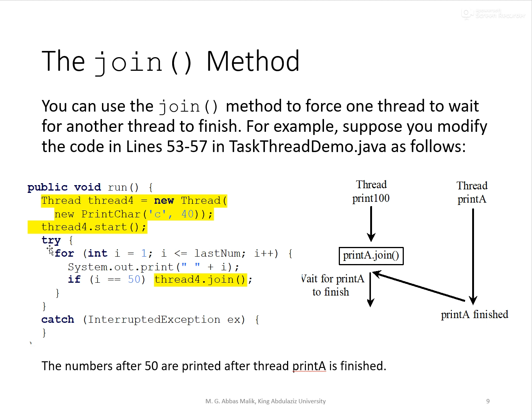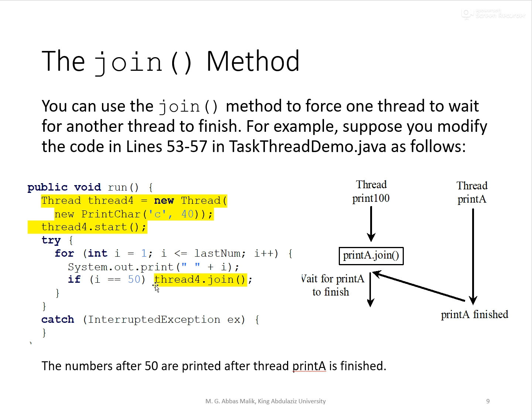And then you can do your own thing. Remember, this is the run method of the printNum class. You still have to print your own numbers, and you do that in the loop. When you get to 50, you want to make sure that you do not proceed beyond that. You want to make sure that thread 4 finishes execution before you print the number 51 to the screen.